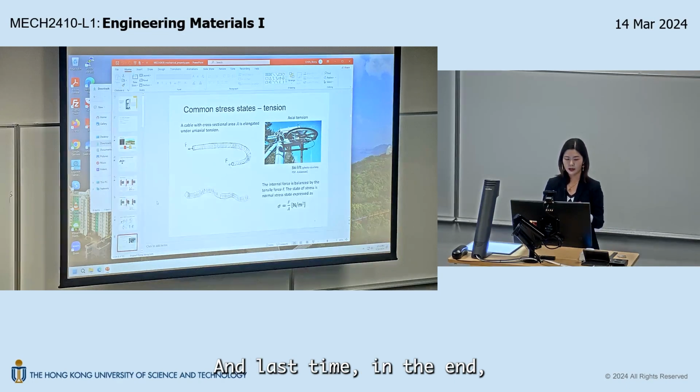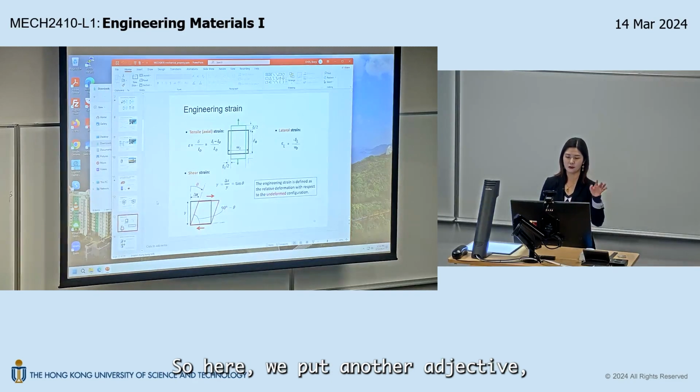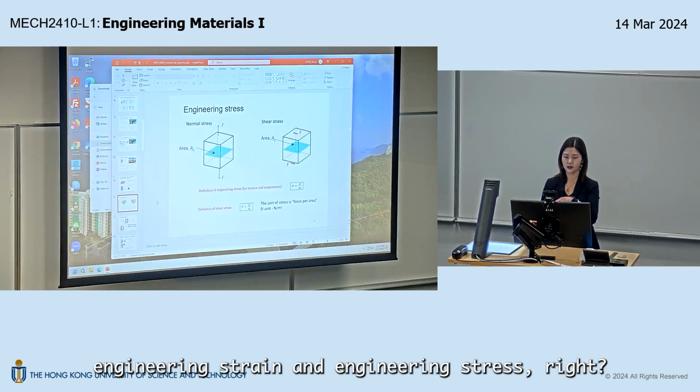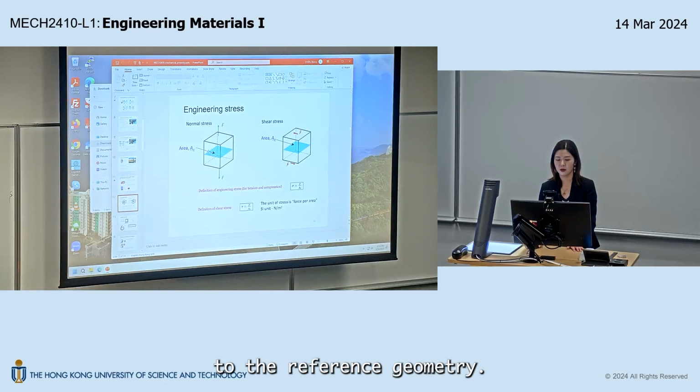And last time, in the end, we gave formulas to calculate stress and strain. So here we put an adjective: engineering strain and engineering stress. And be careful, they are always defined with respect to the reference geometry.